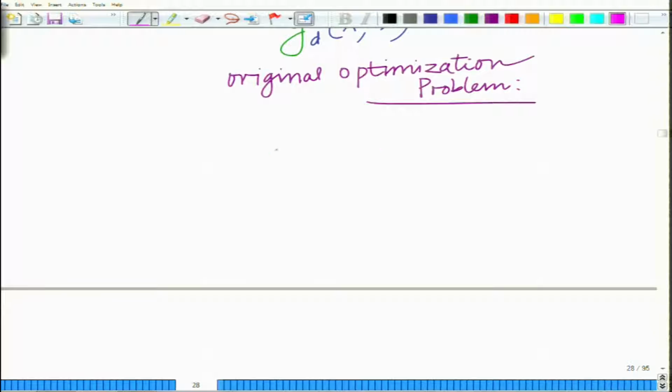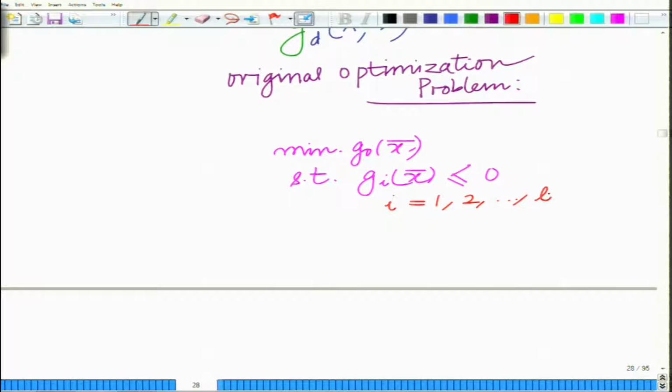We are minimizing g naught of x bar subject to the constraint g_i x bar less than or equal to 0, i equals 1, 2 up to L, and the equality constraint g_j tilde x bar equals 0, j equals 1, 2 up to M. This is our original optimization problem.